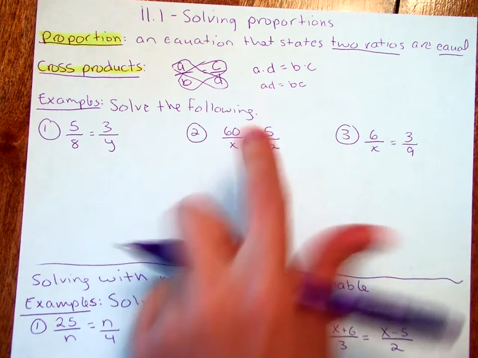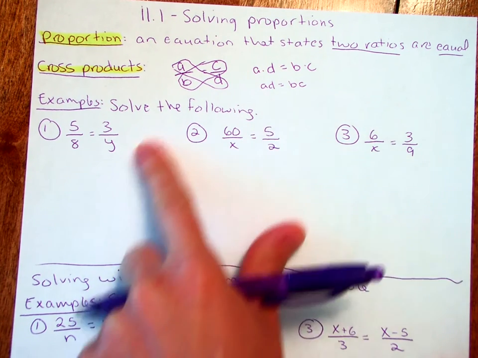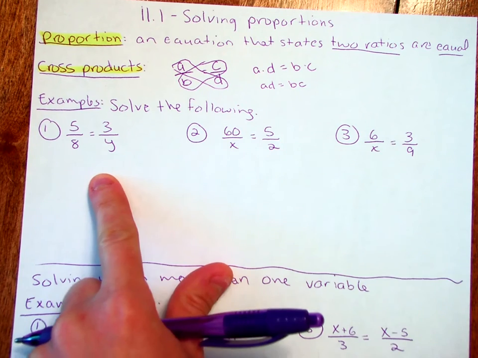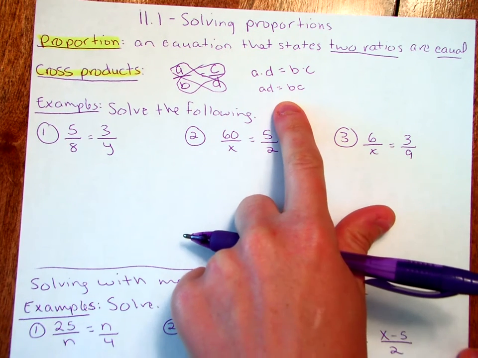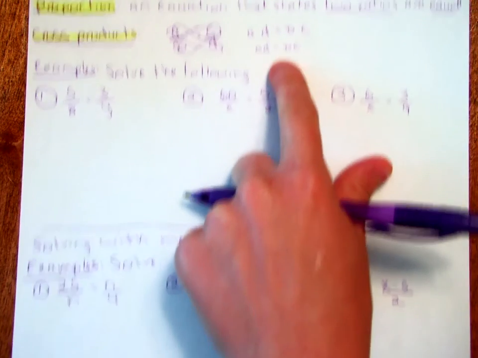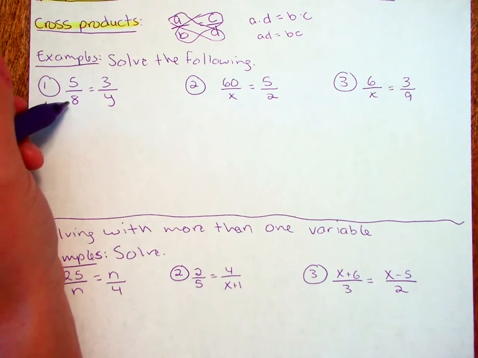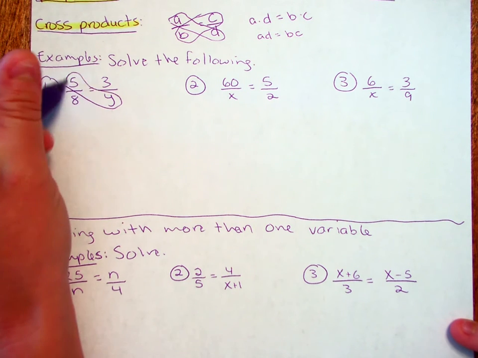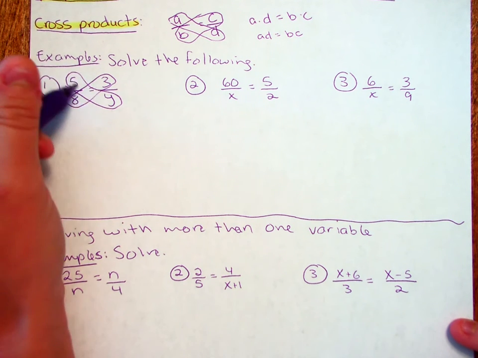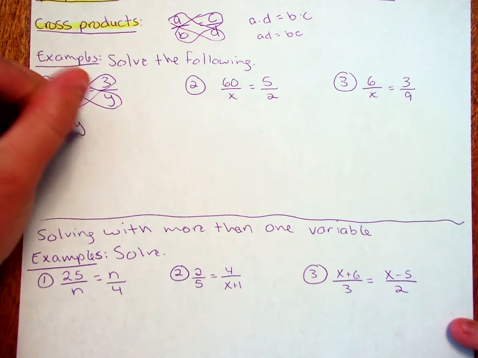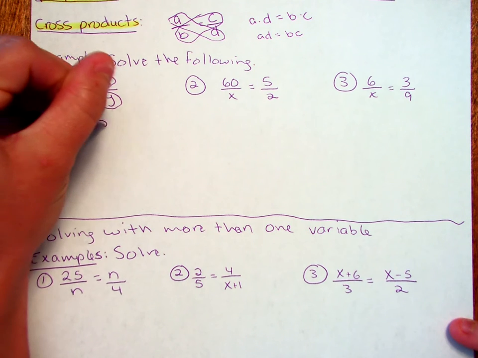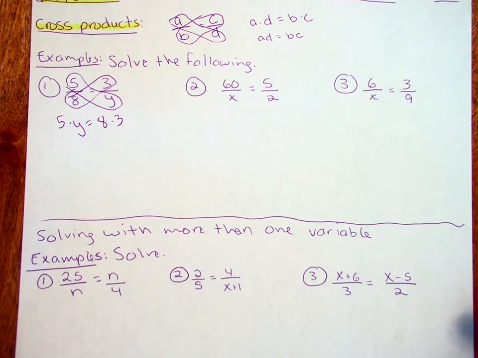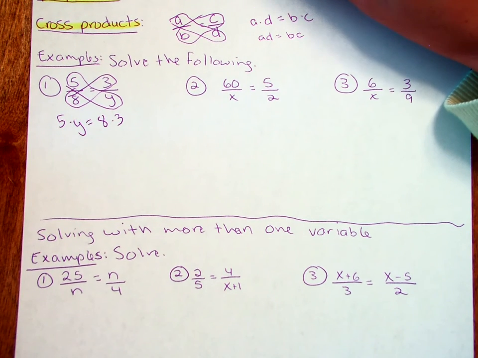So this is how you're going to solve, because obviously with the problems down here, there's only one variable. Most of these will be numbers. So let's get to it. We have 5 over 8 equals 3 over y. We're going to swoop it around, and we get 5 times y equals 8 times 3, or 3 times 8, however you want to go about writing it.